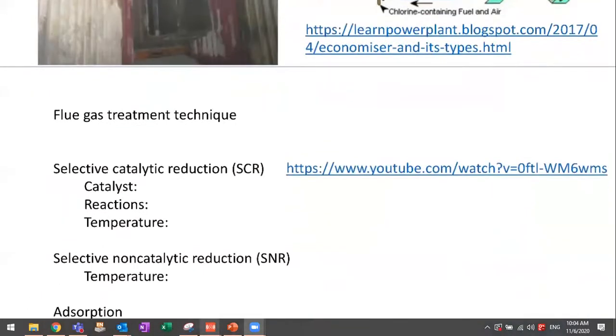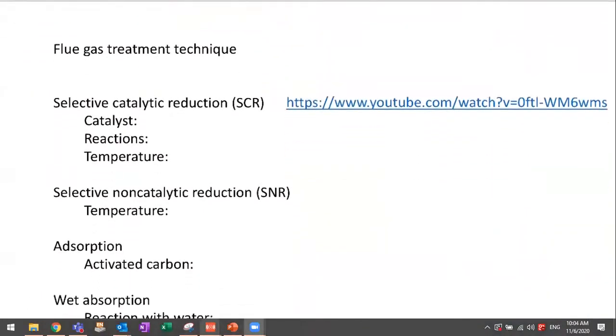Last class, we mentioned that we can also do the control techniques with the flue gas. So basically, this is post-combustion. If we still have some NOx being formed in the combustion chamber, let's say the coal boiler, then we can use this post-combustion technique or flue gas treatment method to take the NOx out, right?